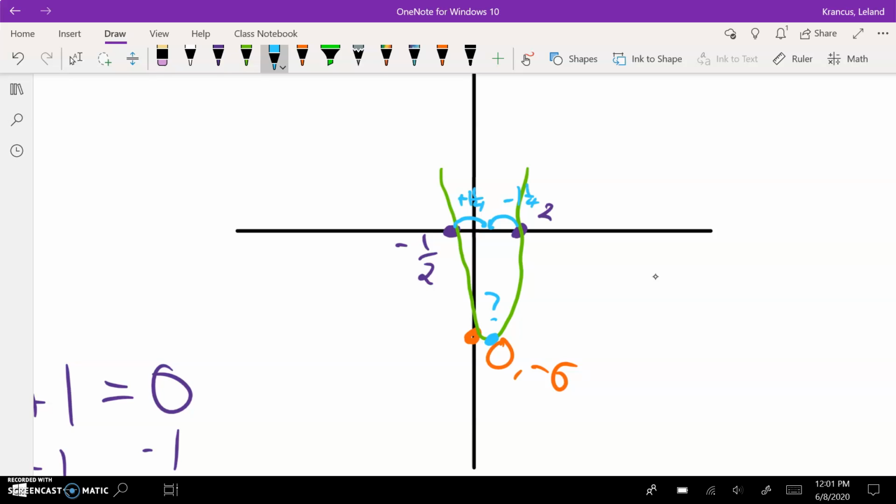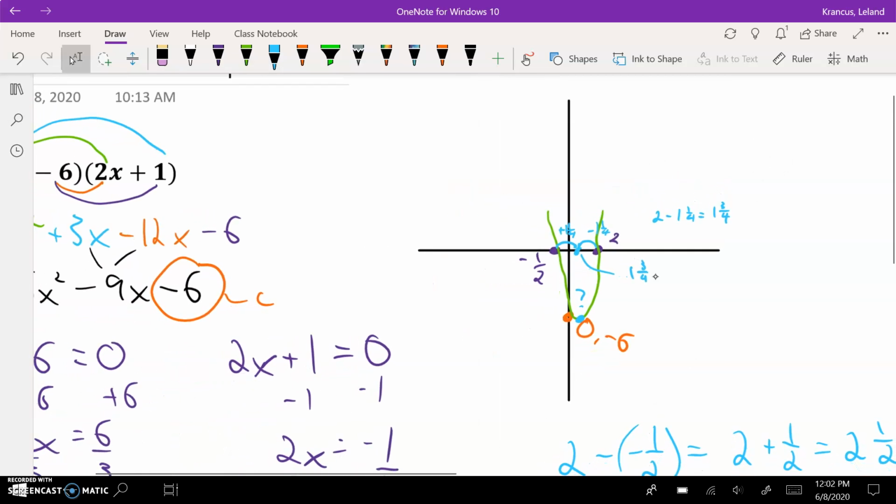So let's say we do 2 minus 1.25. And you could just put this into decimal form if you want to use your calculator, but this would be 1 3/4, or 1.75. So that is the x value of the vertex. So we know that that point has an x value of 1 3/4, 1.75.